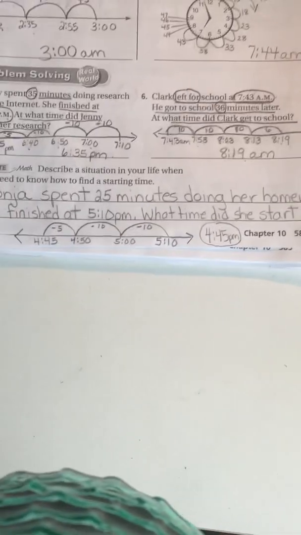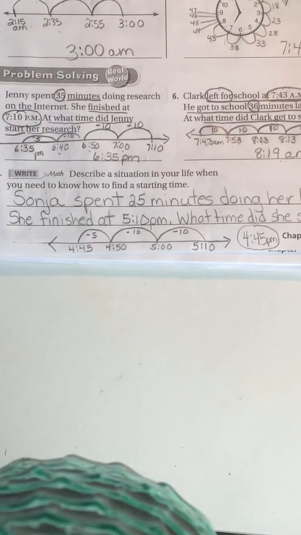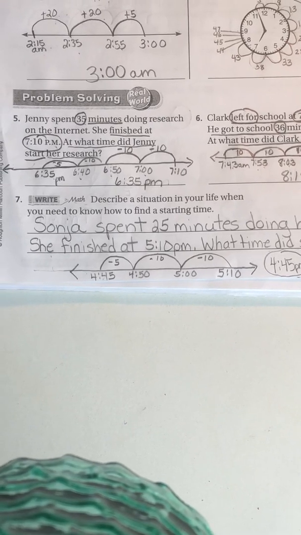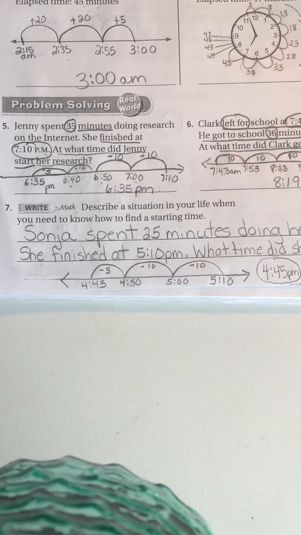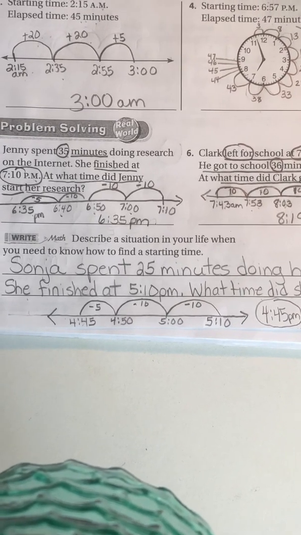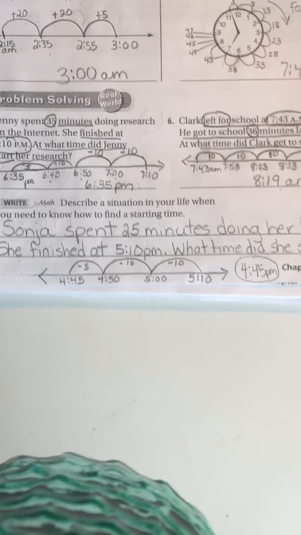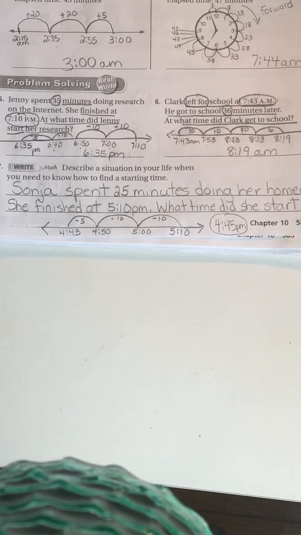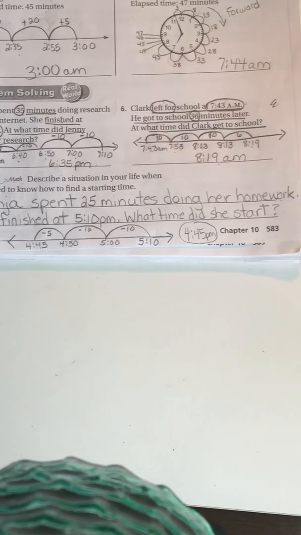Number 7, I always do that one with you. It's the writing part of your homework, and I made up a problem because it said, describe a situation in your life when you need to know how to find the starting time. So I made it up. I said you could use my name or your name. Sonia spent 25 minutes doing her homework. I know it's hard to see all of this. She finished at 5:10 p.m. What time did she start?